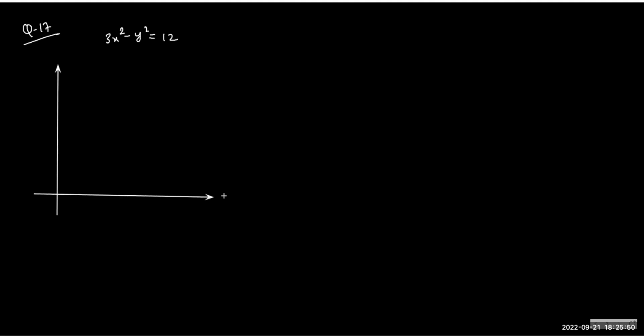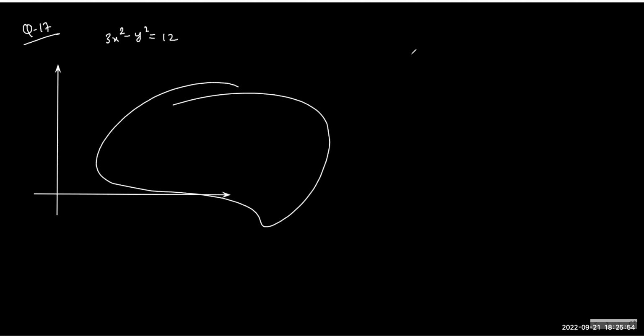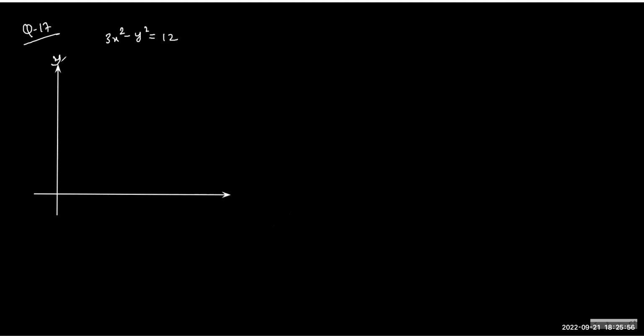I don't know what this is, but this must be some curve in the XY plane. But here this graph is a very famous one, and you can write it as 3x squared by 12 minus y squared by 12 equals 1, and this is x squared by 4.